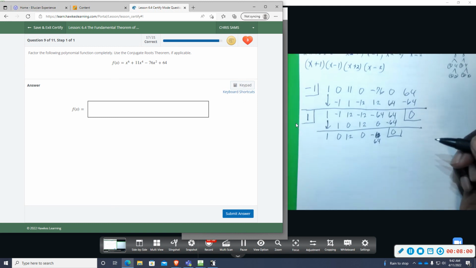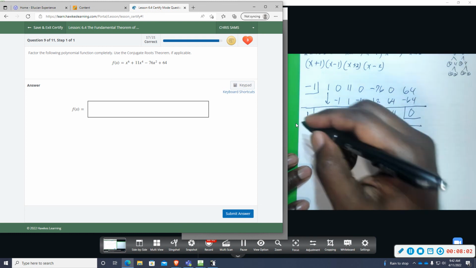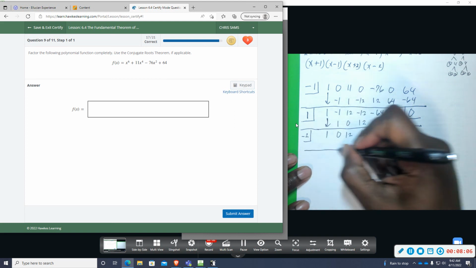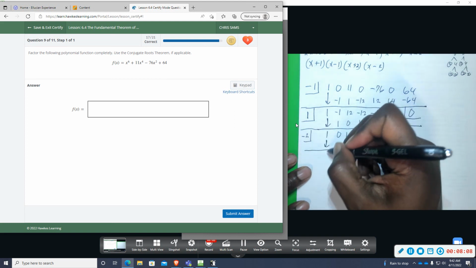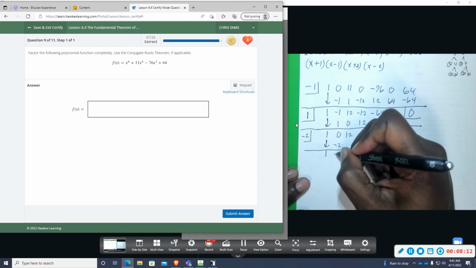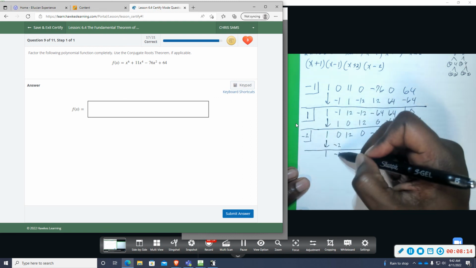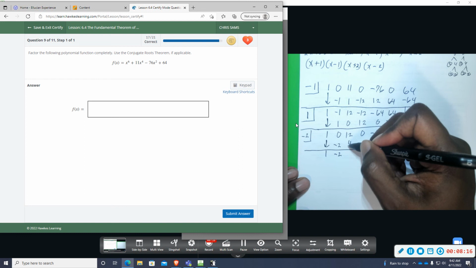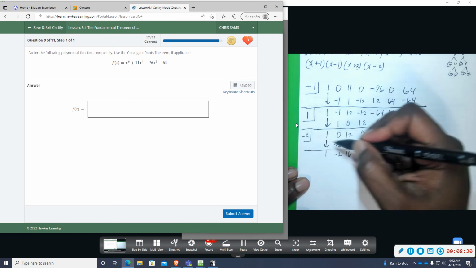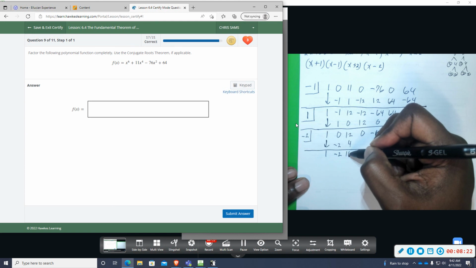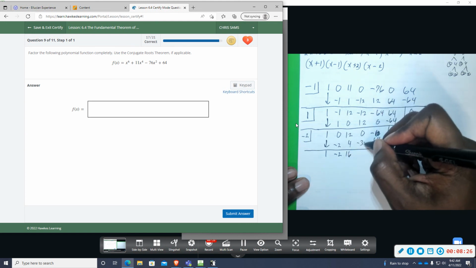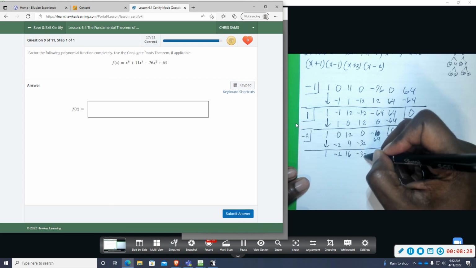And now we're going to do negative 2. Bring the first number straight down. Negative 2 times 1, negative 2, combine, negative 2. Negative 2 times negative 2, positive 4, combine, we get 16. Negative 2 times 16 will give us a negative 32, combine, negative 32.